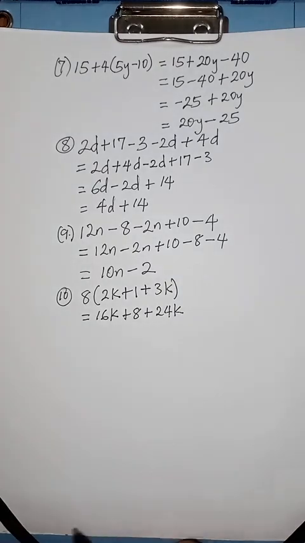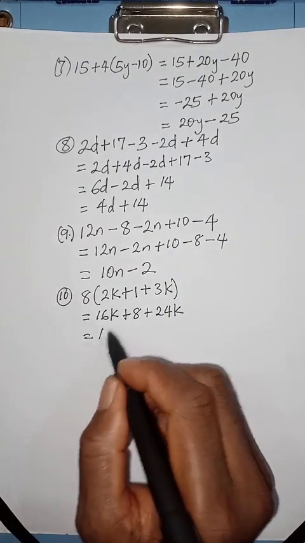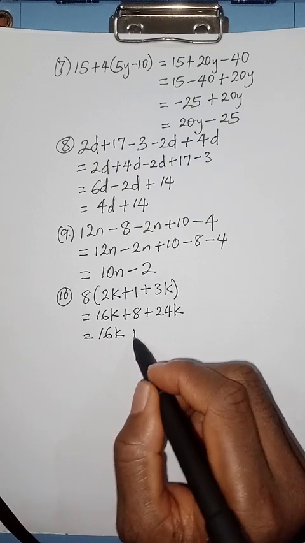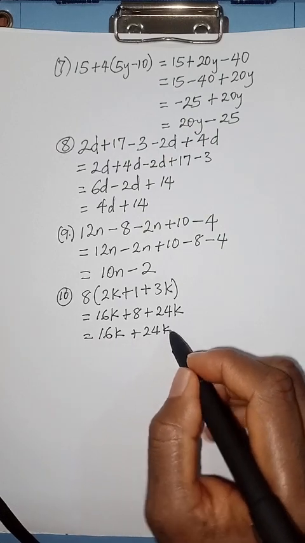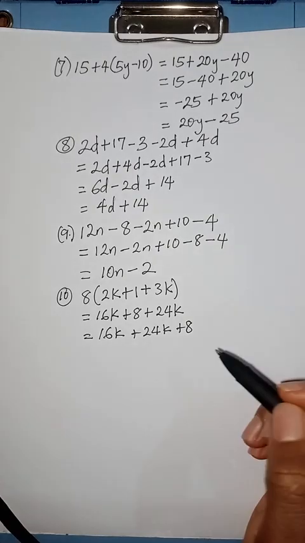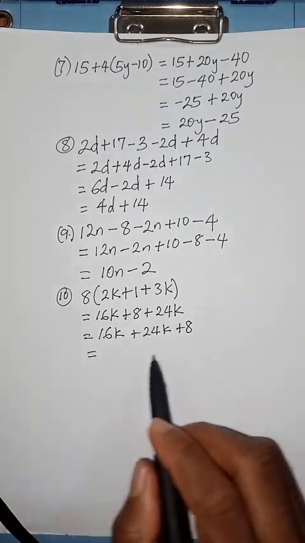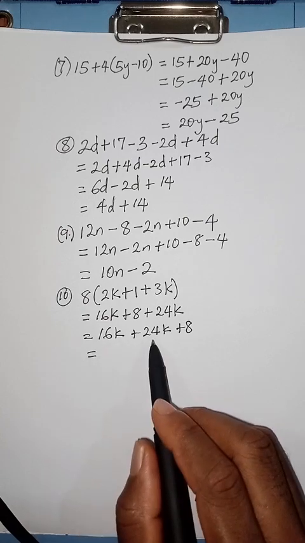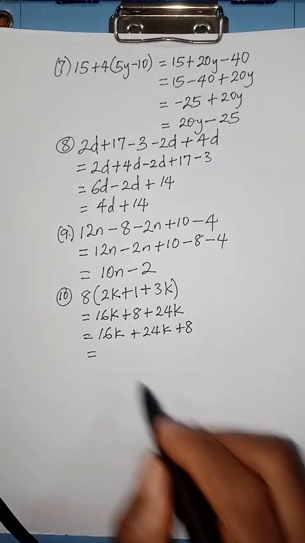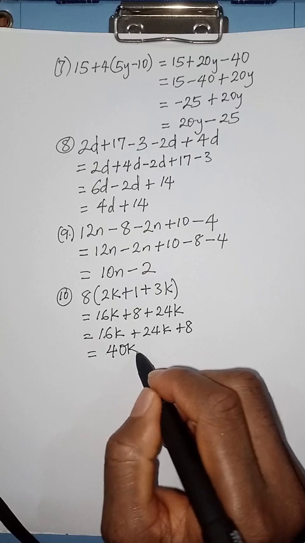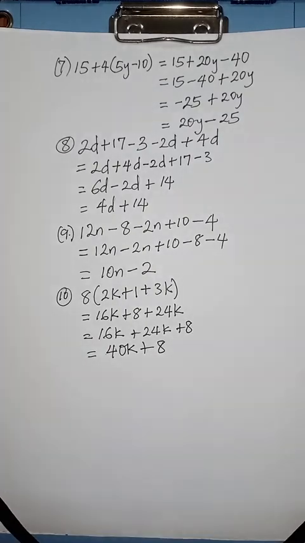Collect like terms. 16k plus 24k plus 8. And this should give you 16k plus 24k, that's 40k plus 8. That is the answer to the question.